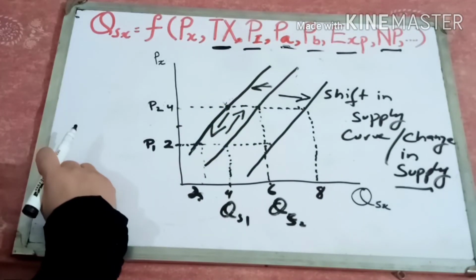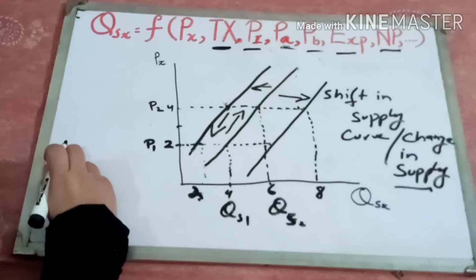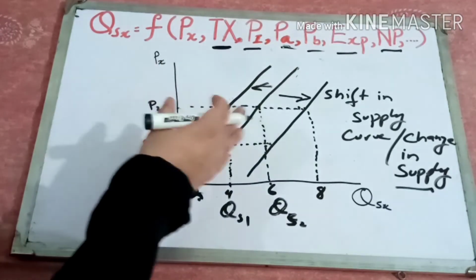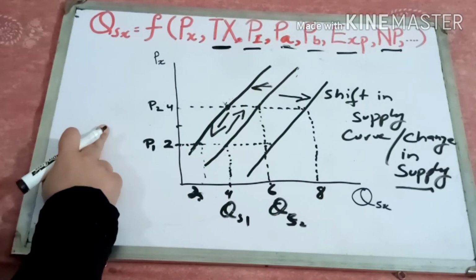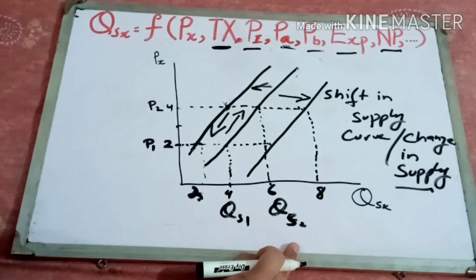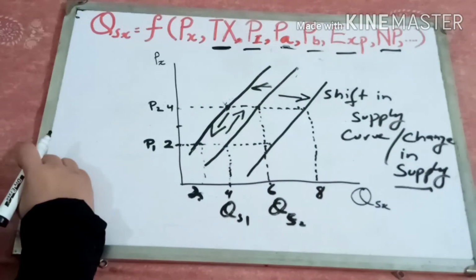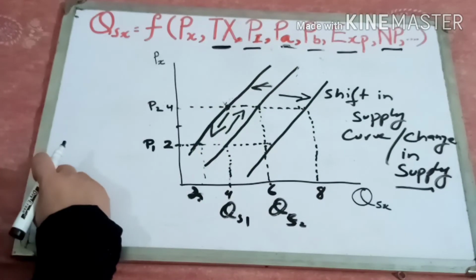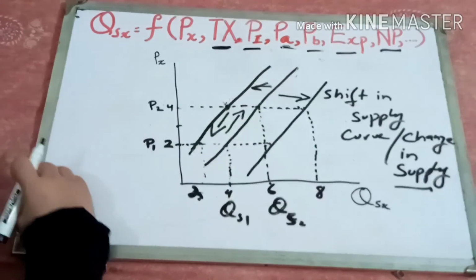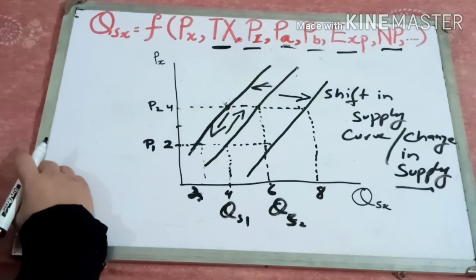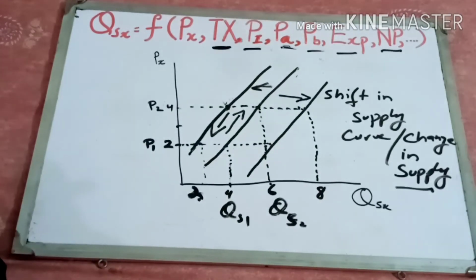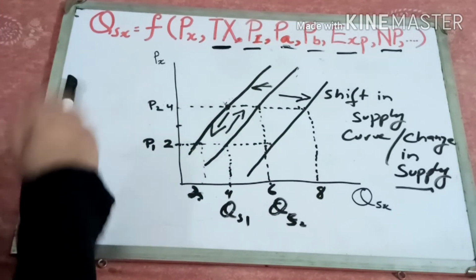The movement along the curve happens whenever there is a price change, which changes the quantity supplied, and whenever there is a change in the other factors, there is a shift in the supply curve, either outwards or inwards. So I hope it has given you a little knowledge regarding the supply curve.